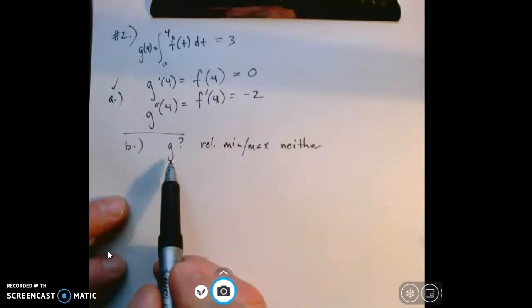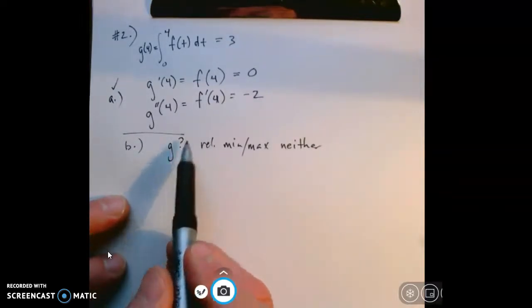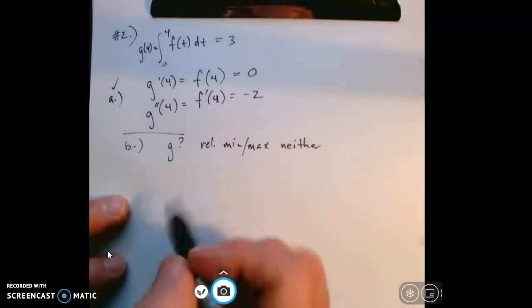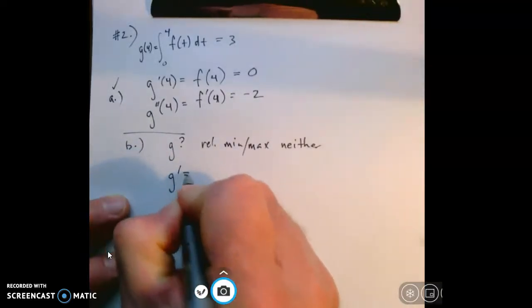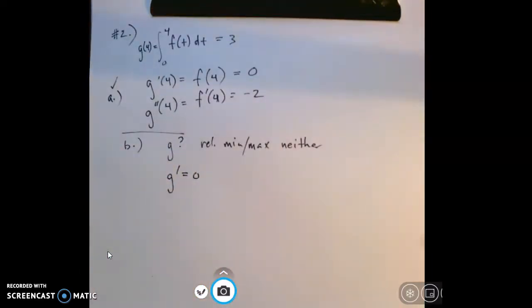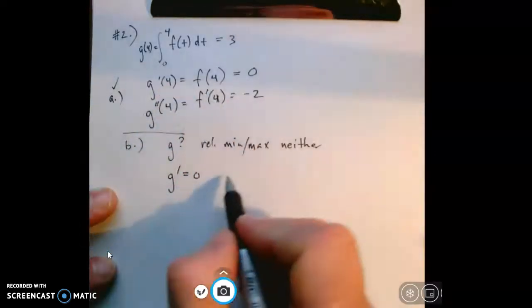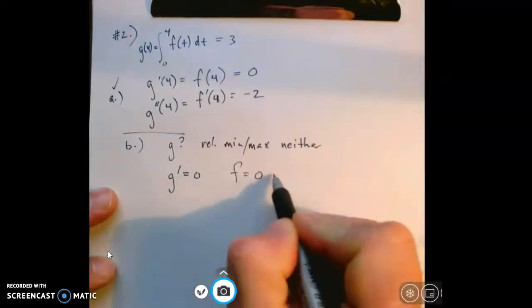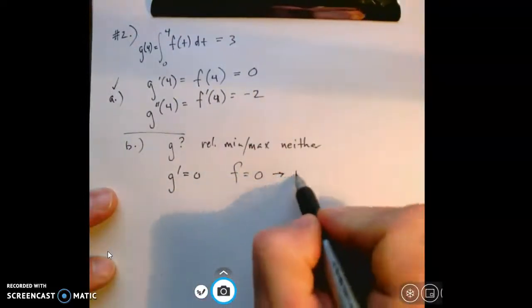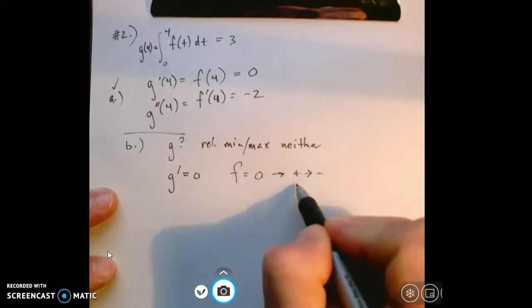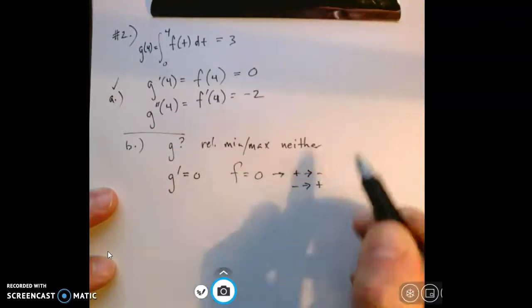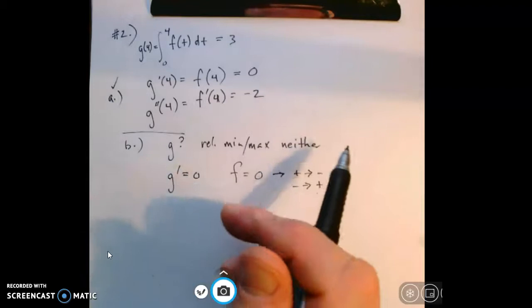When we're talking about any relative min or max with G, we're talking about G prime equaling 0. That's our possible min or max. And remember, we just talked about it up here, G prime is equal to F. So really we want to know when F equals 0, and then we want to know if it goes from positive to negative, or from negative to positive, or neither. So we just look at our graph and we see when is F equal to 0: 1.